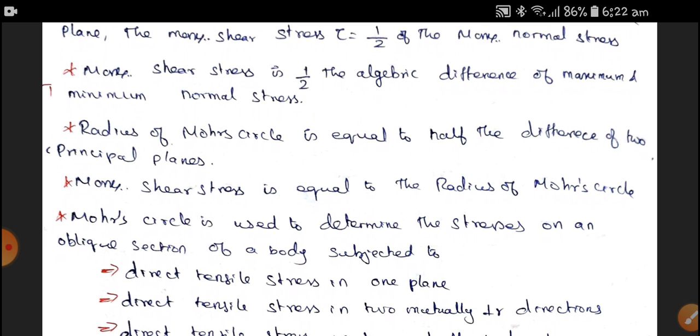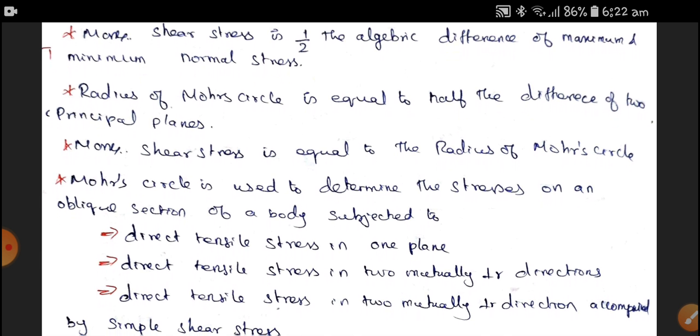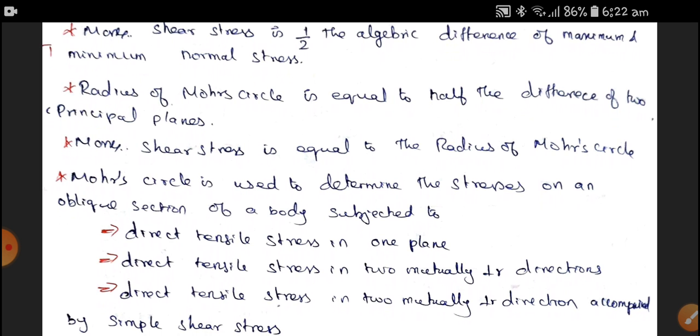The maximum shear stress, tau max, is equal to sigma n max minus sigma n min by 2. That is half the difference of the stresses in the principal planes. The key point number 4 is maximum shear stress is equal to the radius of Mohr's circle.